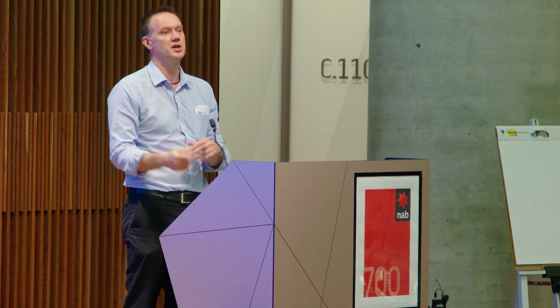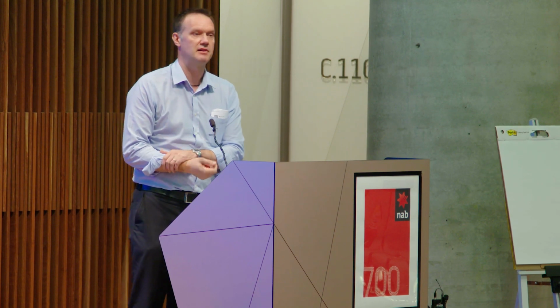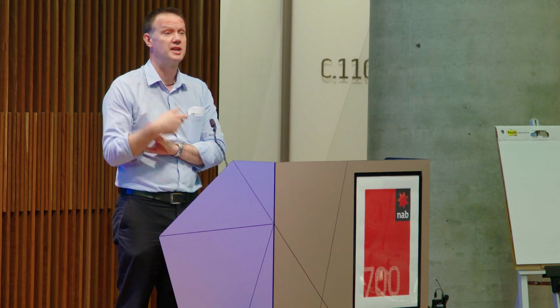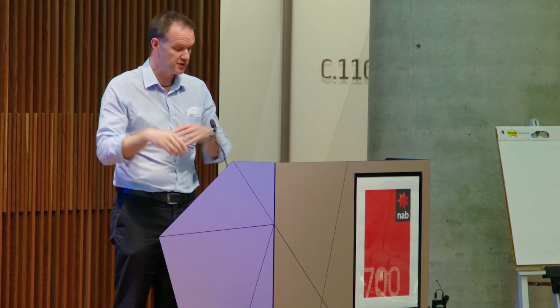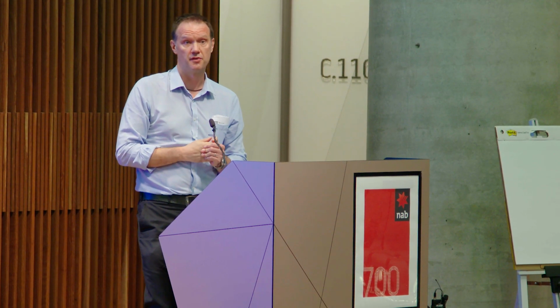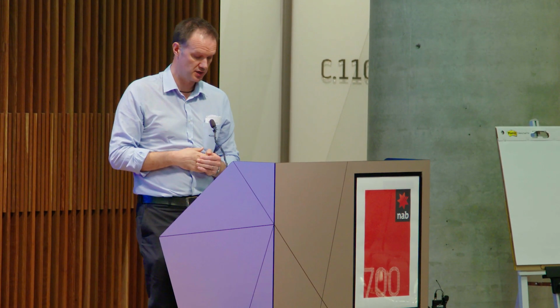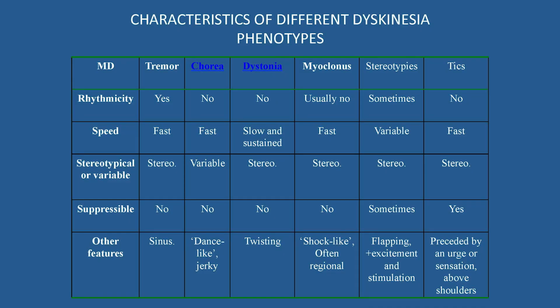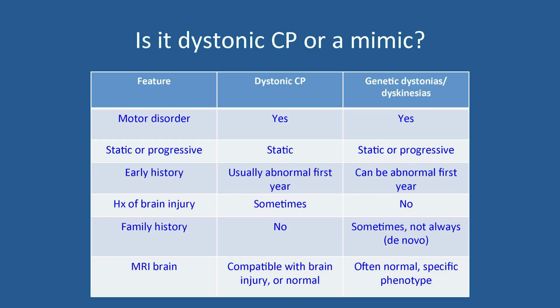Myoclonus are these electric jerks like that. Stereotypies are very common, including in normally developing kids, and they're repetitive movements, with flapping being probably the most common. And then tics are also a very common movement disorder in childhood, of which the most common is repetitive, jerky, fast movements in the face, head and neck. So this is part of the problem.